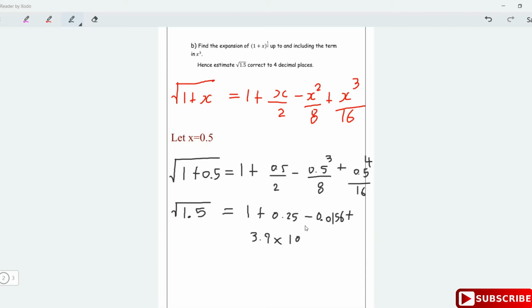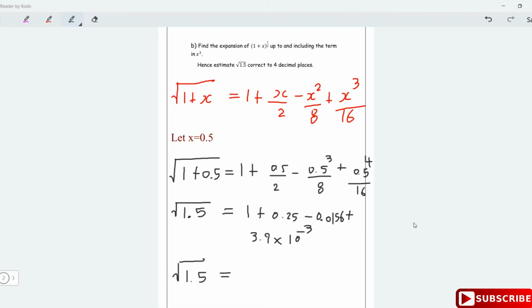So I need to add up all of these now. What I'm getting now is the square root of 1.5, according to my formula, is equal to, adding up those, 1 plus 0.25 minus 0.0156.